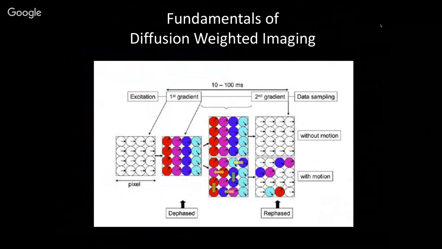One of the most widely used measures for understanding what is occurring on a microstructural level within the brains of individuals who have received a traumatic brain injury are measures that allow us to look at diffusion within the brain. Diffusion weighted imaging at its most fundamental level allows us to see how water molecules move or diffuse along a vector within the brain.